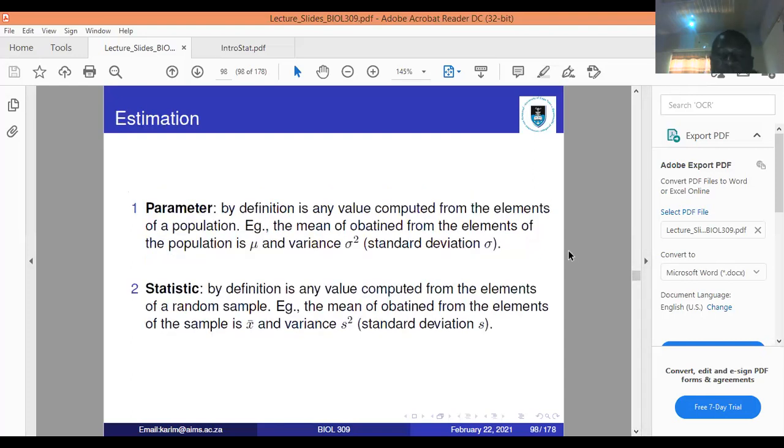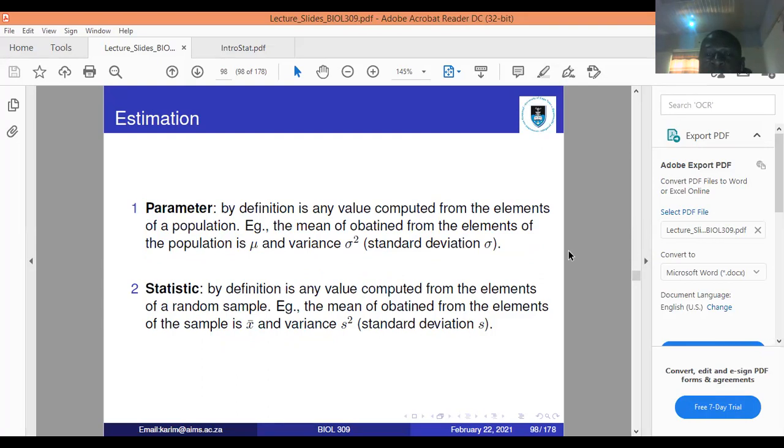Now let's move on to estimation. So that is it. You have seen that we looked at 3 types of distributions. We've looked at just one continuous data type, that is the normal distribution. We have looked at the binomial distribution and the Poisson distribution as well. And we have seen how we can write the probability distribution for each of them.